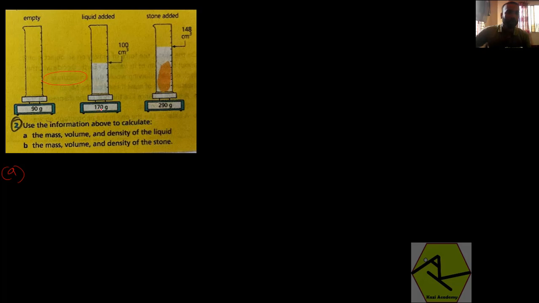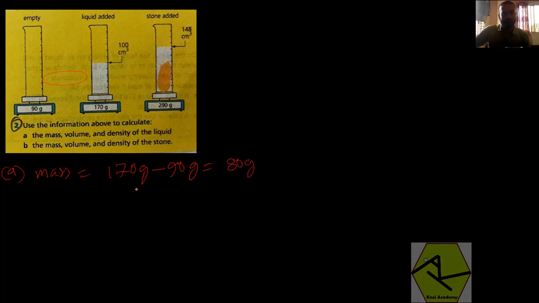So find the mass, and mass equals to 170 minus 90 gram. We leave only the mass of the liquid. So here we will get 80 gram mass.